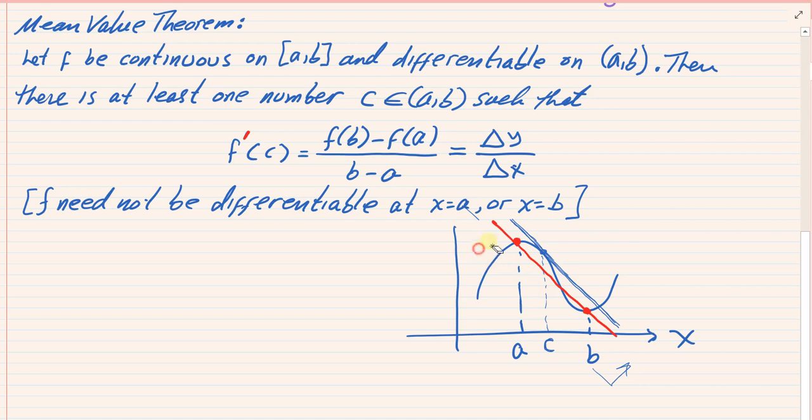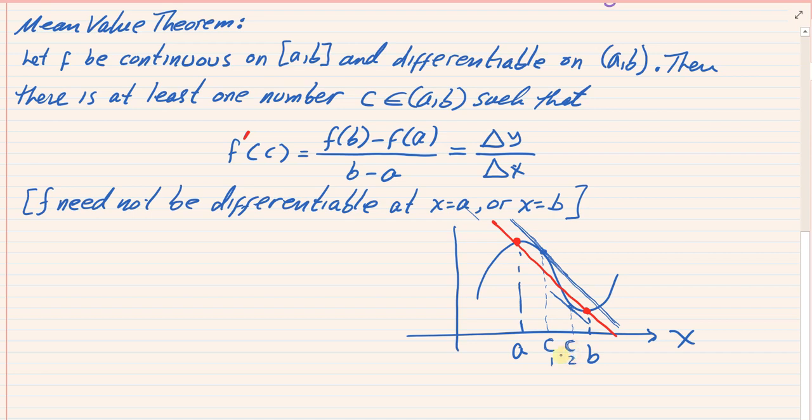So it looks like I'm able to find another tangent line right in here. That line is also parallel to the red line, and so is this line. So there are actually two c's in this one. I'm going to call this c1, and this other point here would be c2.